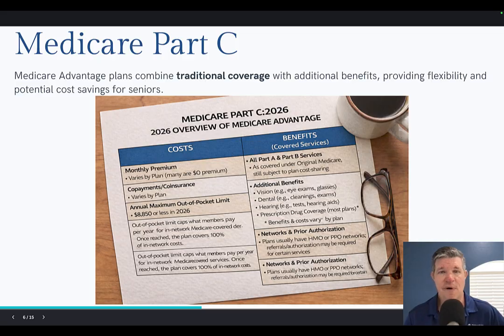Copays for primary physicians are going to be very low, if not zero. Most plans are going to be zero copay for your primary care doctor. But you go to a specialist and you're going to have copays there, and those copays are higher, $30, $40, $50, $60. They can get expensive if you go to 3 or 4 different specialists 2 or 3 times a year. Those costs can really start to add up.